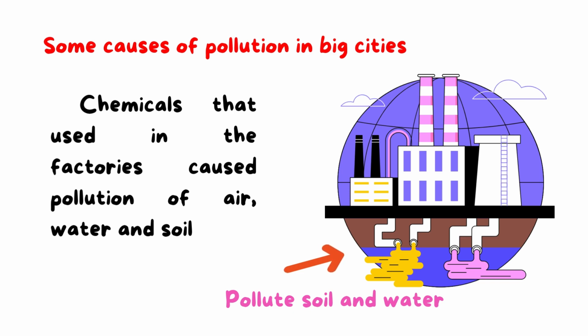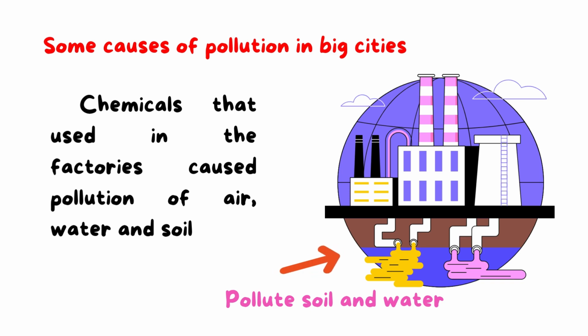So these are the causes of pollution from the industrial activities. Chemicals means substances that are used in the factories.